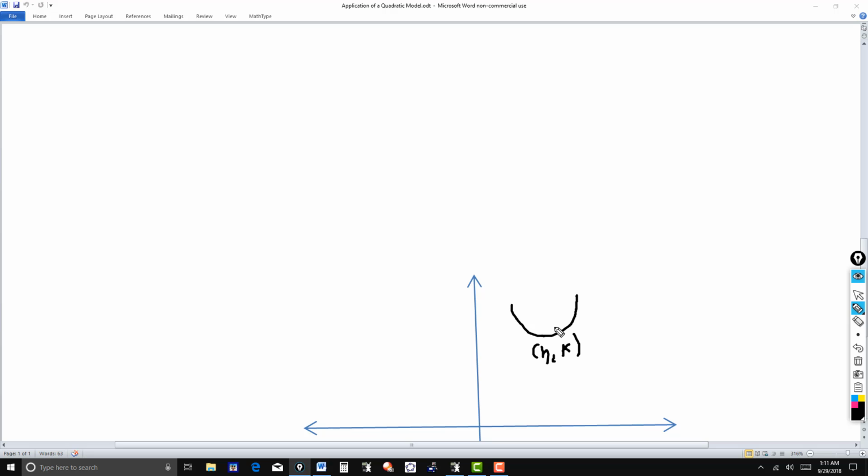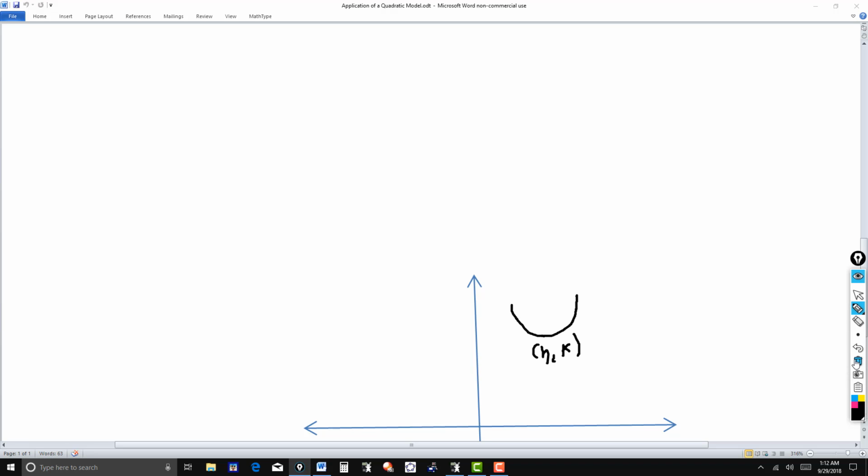Okay, so let's suppose this represents a cost function. So we produce h units this way, and then this, say, represents the k value, then that represents the minimum cost of production. Okay. So in business, we want to minimize the costs and maximize the profit.